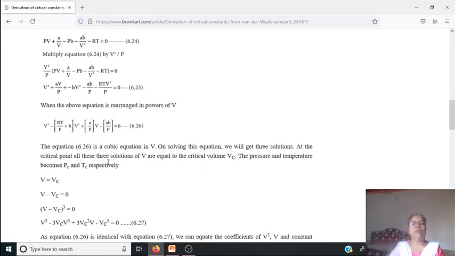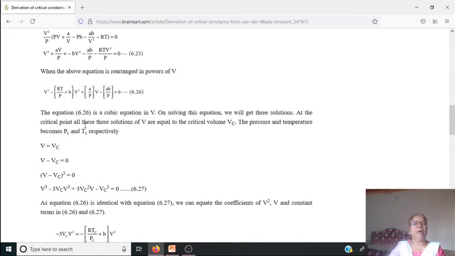According to Thomson, he plotted the theoretical isotherms for CO2 gas. Depending on this cubic equation in V, we can have three values of V also. So under this we can write V is equal to Vc, and V minus Vc is equal to 0.